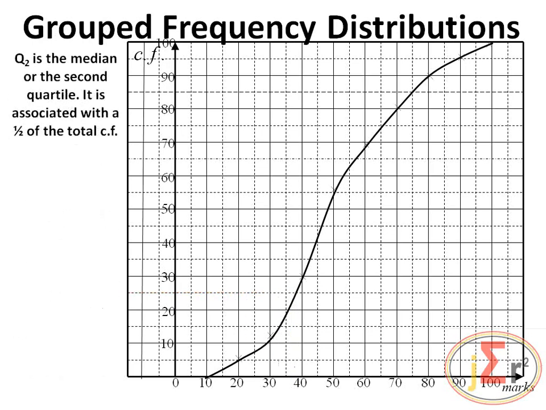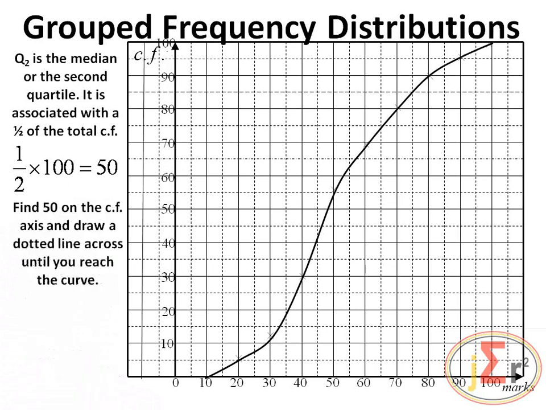The median is our second quartile and is associated with what? 2/4, which is a half of the total cumulative frequency. What is the total cumulative frequency? 100. So a half of 100 is 50. So we find 50 on the cumulative frequency axis and draw a dotted line across until we reach the curve.